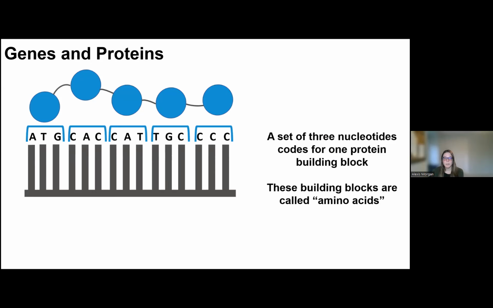So a set of 3 nucleotides codes for one protein building block within the entire protein chain. These building blocks are called amino acids. So in the example on the slide, the DNA sequence starts with A, T, G, which is the first set of nucleotides, and that codes for one protein building block of the entire protein chain.